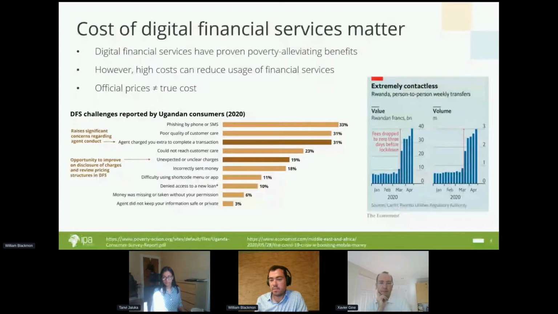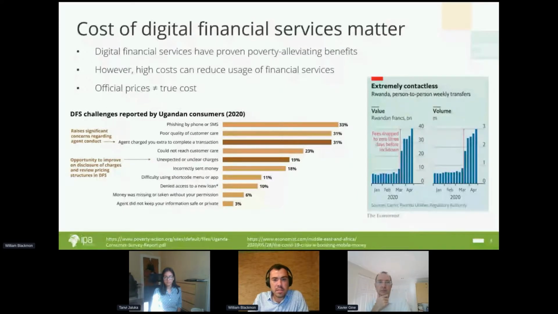poverty alleviating benefits. However, we also know that cost is a critical barrier to uptake and usage of digital financial services. We know that consumers are quite price sensitive when it comes to mobile money and similar services.